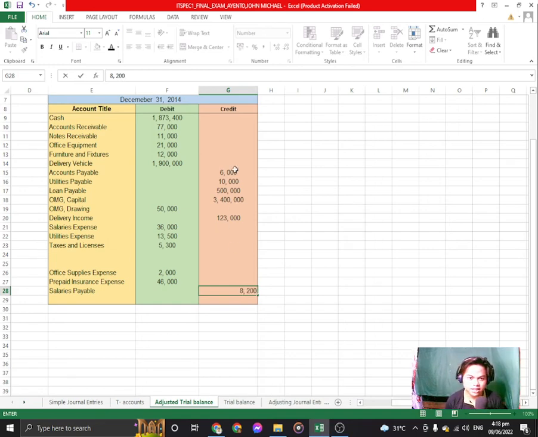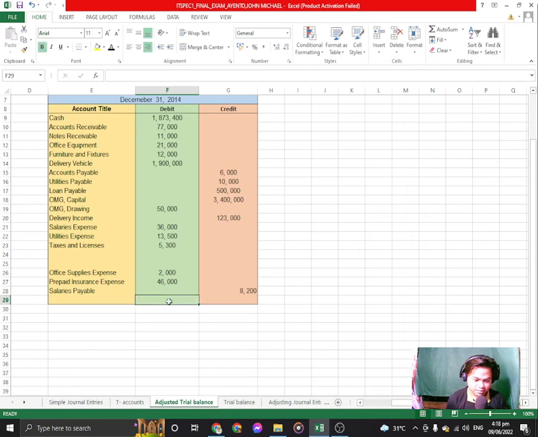So ato ning i-total ning debit from cash to salaries payable. So nag-total siya og 4,047,200 pesos. Okay.